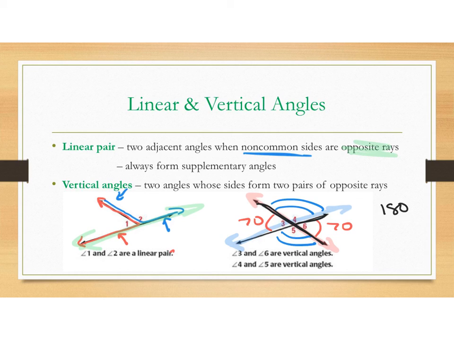I could do 180 minus 70, and then 4 would be 110, and so would 5. I'm jumping ahead, but I just want to show you how this is all going to tie together. Vertical angles, we're going to learn later on, are congruent.